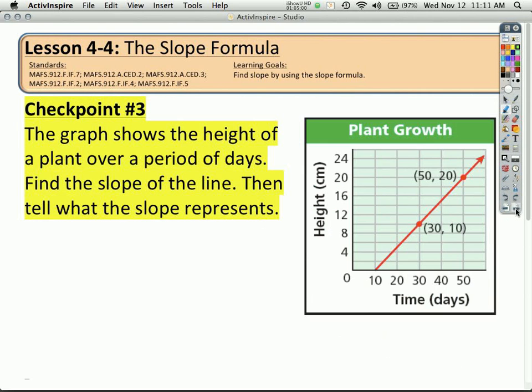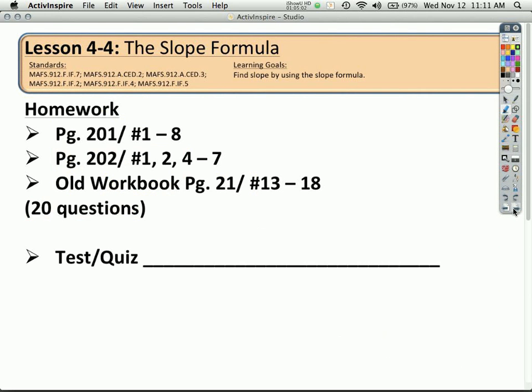Okay, so draw a line across your paper. Your homework. Make sure you copy it clearly. It's on page 201, numbers 1 through 8. On page 202, you're doing numbers 1, 2, 4, 5, 6, and 7.